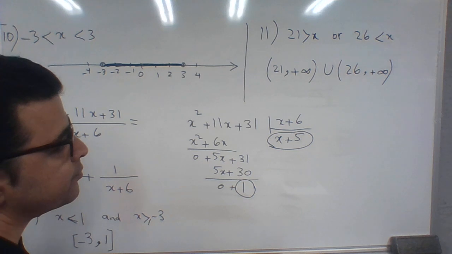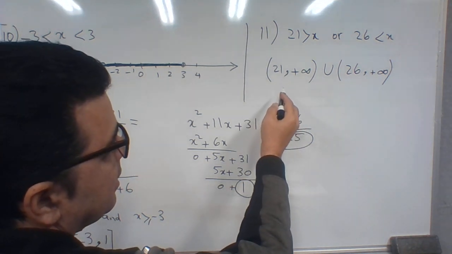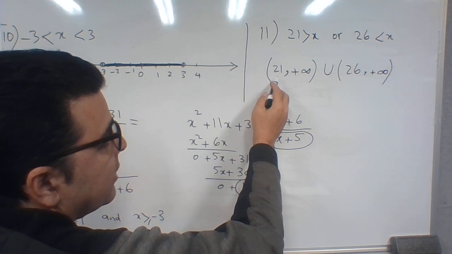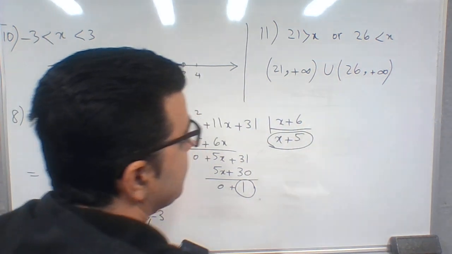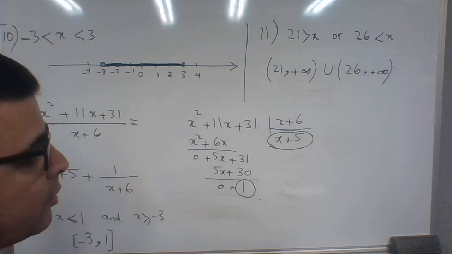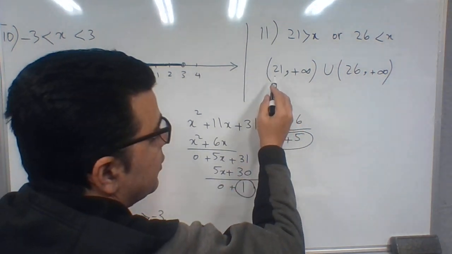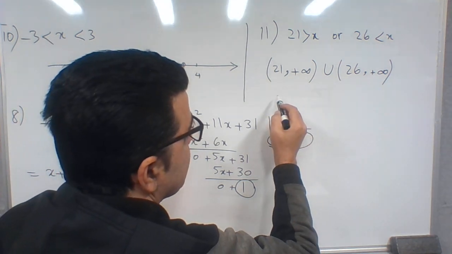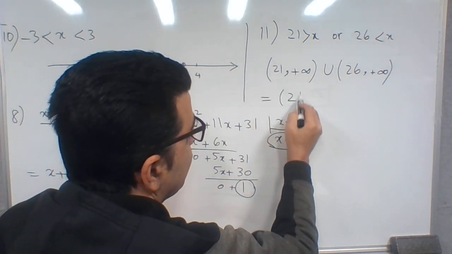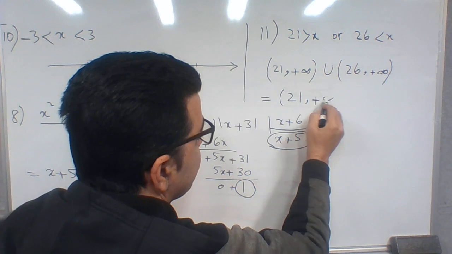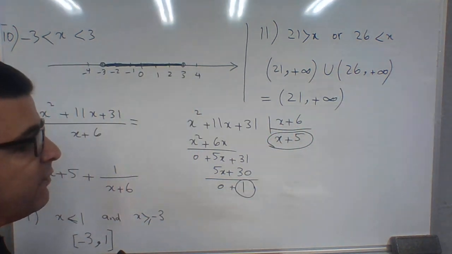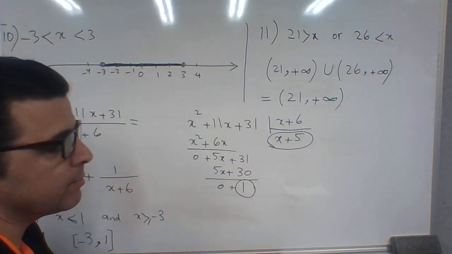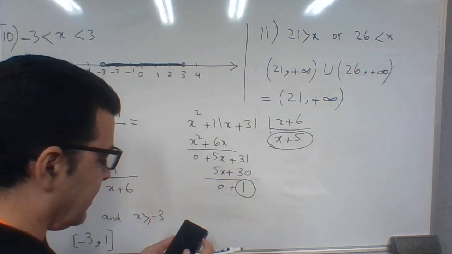So this means that either it should be greater than 21 or greater than 26, or one of them. Since 21 is less than 26, the union of these two is just 21 and positive infinity, because greater than 21 contains greater than 26. So this is the final answer.